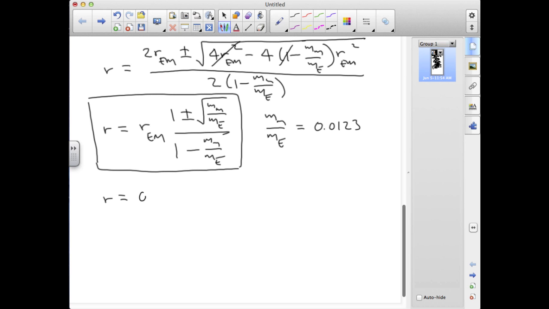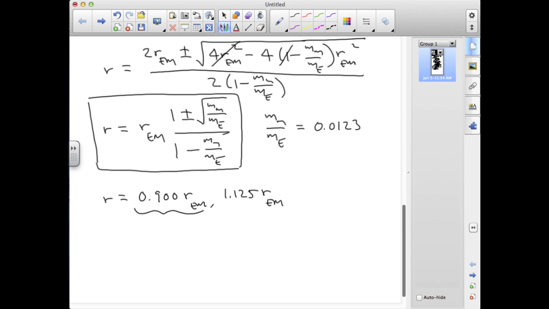We end up with r equal to either 0.9 times the separation distance or 1.125 times the separation distance. Both of those answers give us a force of mutual attraction that satisfies our equation. If we are keeping to the requirement that the spacecraft actually be between the Earth and the Moon, then the first value is the only one that satisfies that requirement.